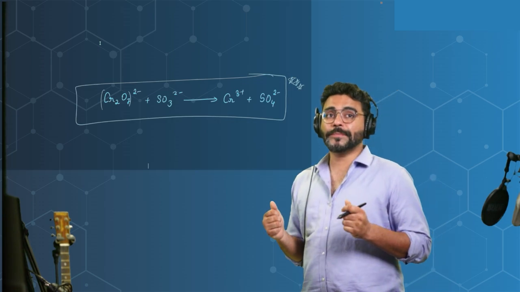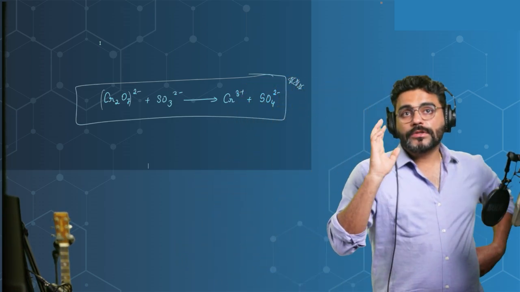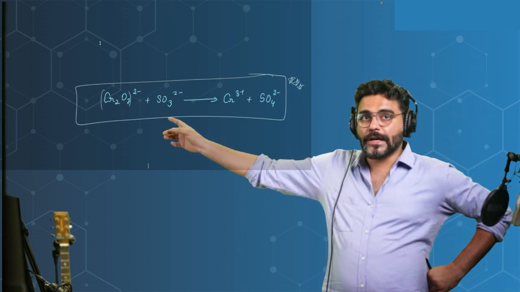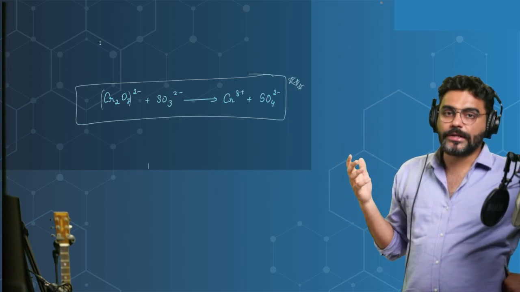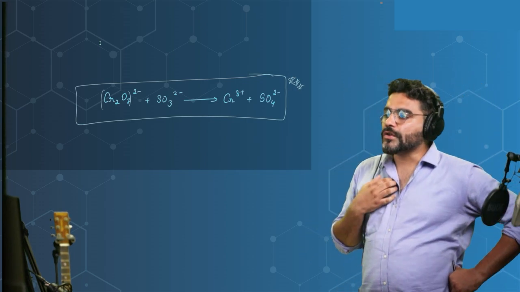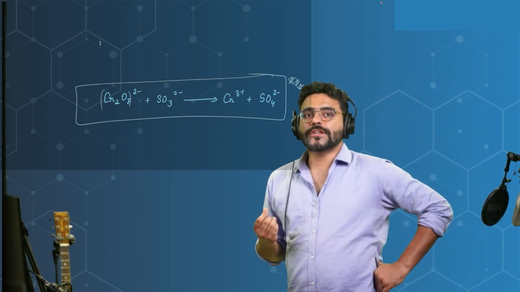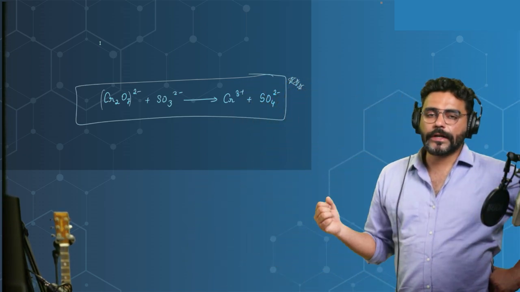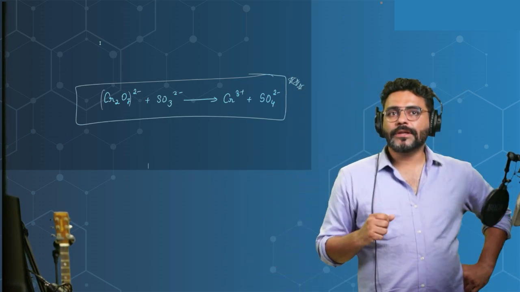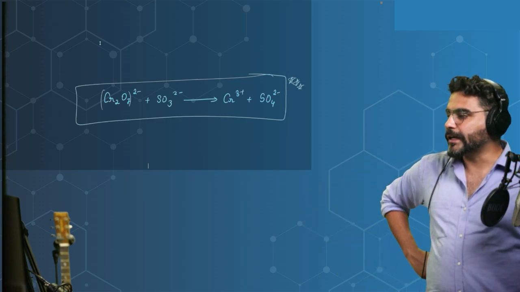There were three species in which we were not able to find out which is oxidized, for example Cr2O7 2-, SO3 2-, and SO4 2-, all of which have oxygen. Can you tell me where the electrons are gained and where they are lost?